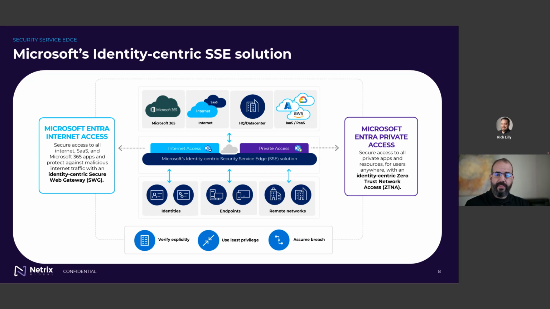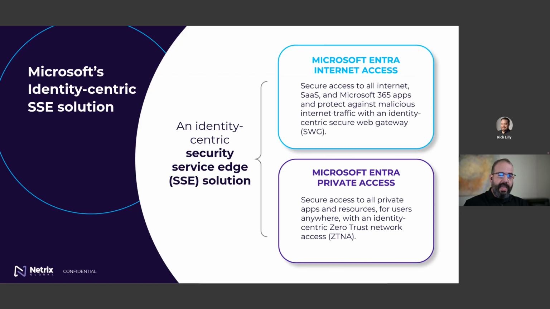It uses the same application connectors, but offers a lot more services and features. It really helps you organize simply and secure access for all your users to any private resource, any port, any protocol that you have, and put those conditional access controls around them, right? So these two services together are what's combined to offer the SSE solution in this category.